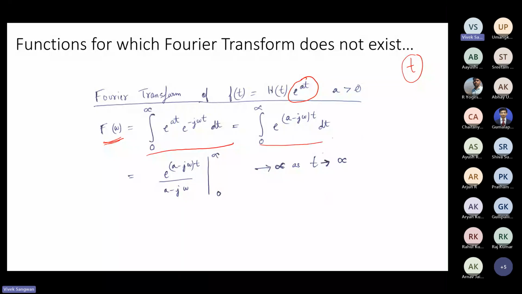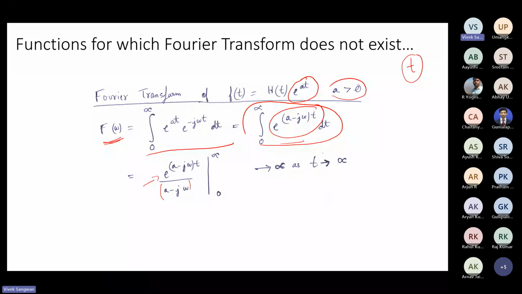This is a pretty simple integral. The integral is just the exponential divided by the coefficient of time. As you put t tending to infinity, with a greater than 0, this thing just explodes. So this Fourier transform does not exist either.